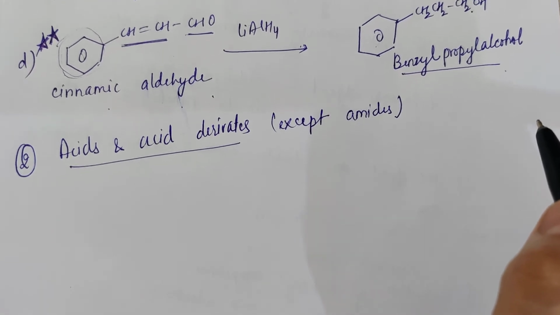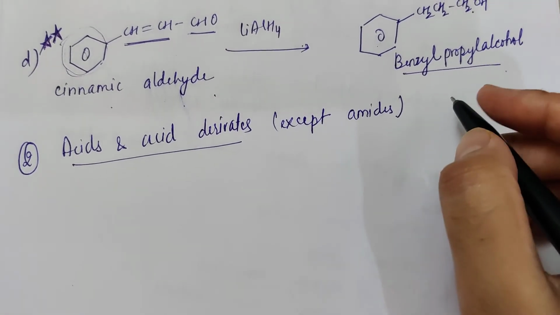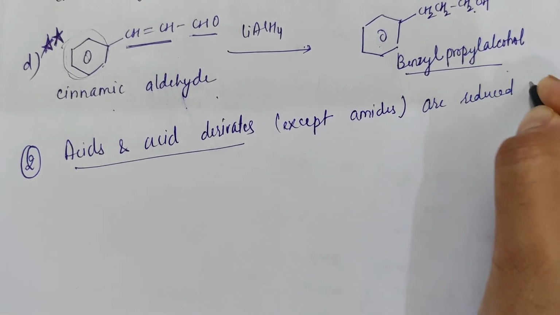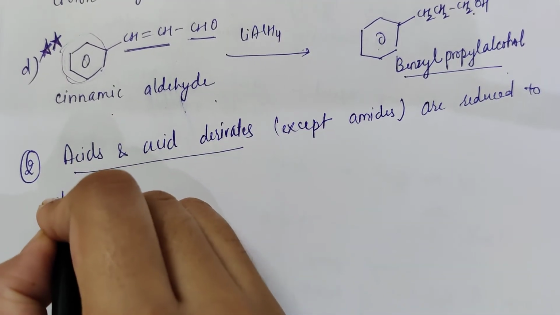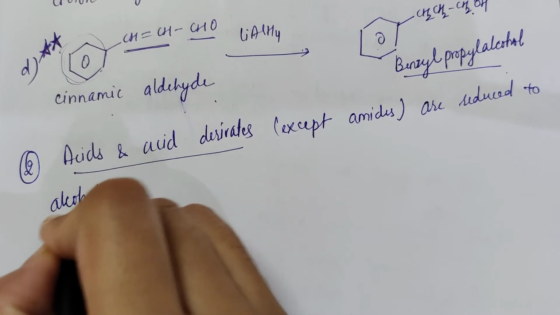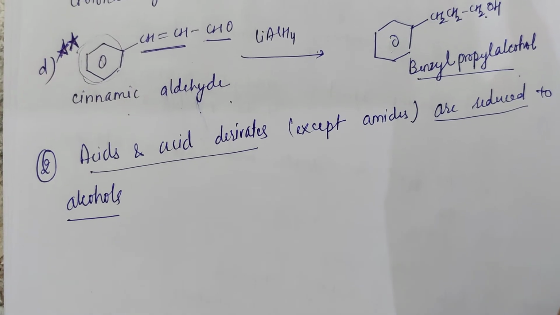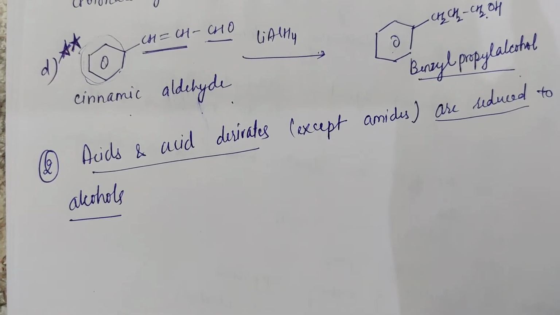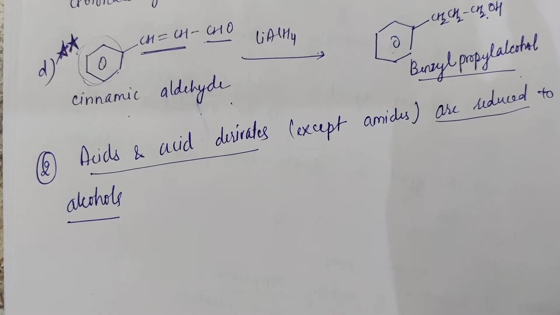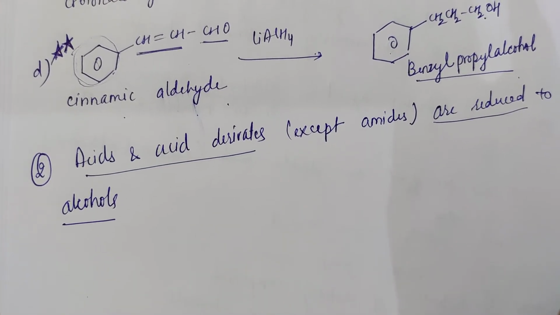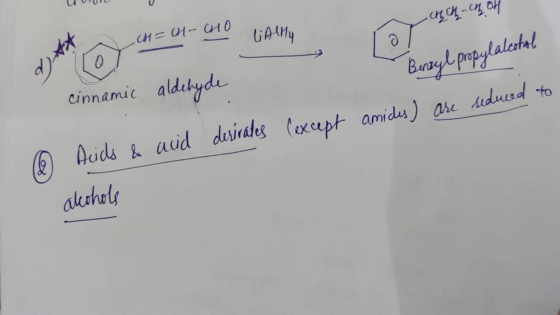So all of these acids and acid derivatives give alcohols. Majorly, carbonyl compounds, acids, and all the acid derivatives except amides give us alcohol as a product.